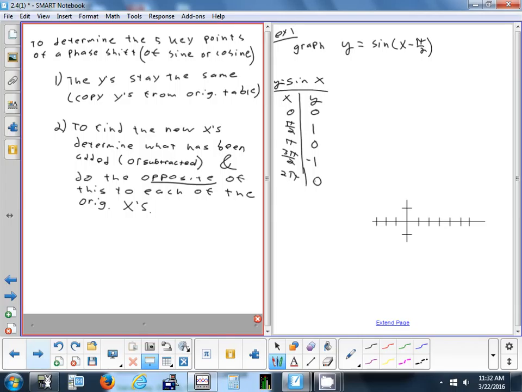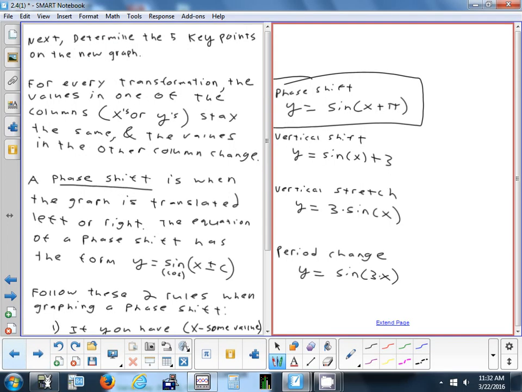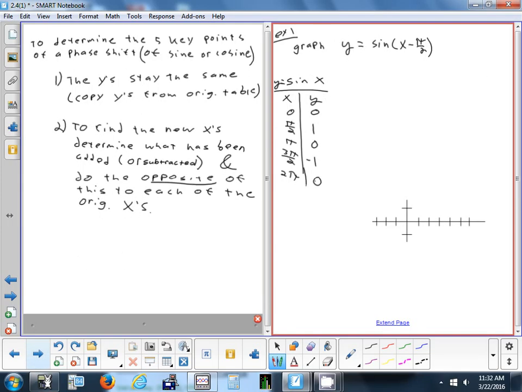On a test or a quiz, that would be step 1: figure out, is it a phase shift, vertical stretch, or period change? Well, I know it's a phase shift because that's when you add or subtract inside the parentheses.